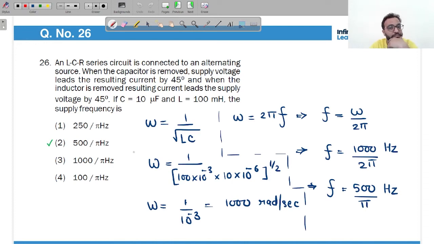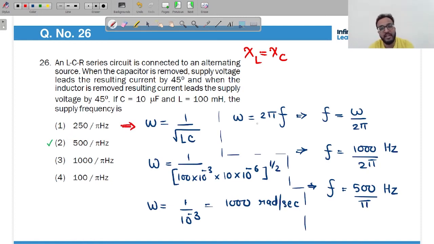And when the inductor is removed, the resulting current leads the supply voltage by 45 degrees. That means the effect of capacitive reactance and the effect of inductive reactance are the same in the circuit. Because if you remove any one of them, the resultant change is by the same angle, 45 degrees. So from here you will say that XL and XC are the same. That means this is the condition of resonance, and hence we can find the value of omega like this.